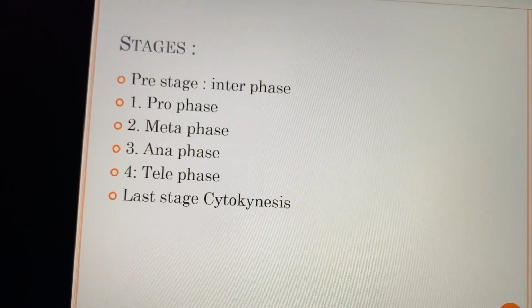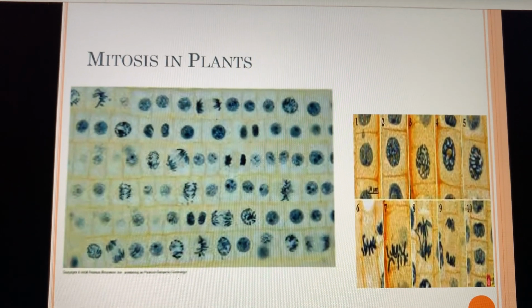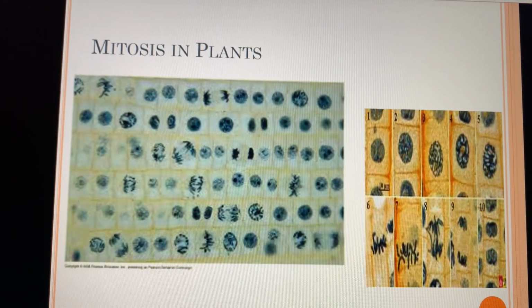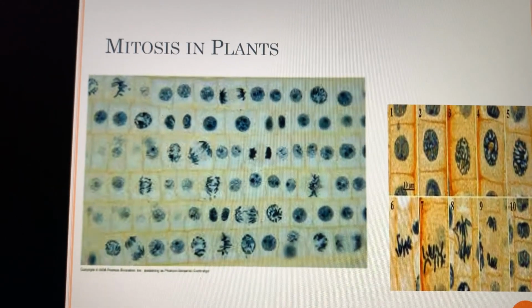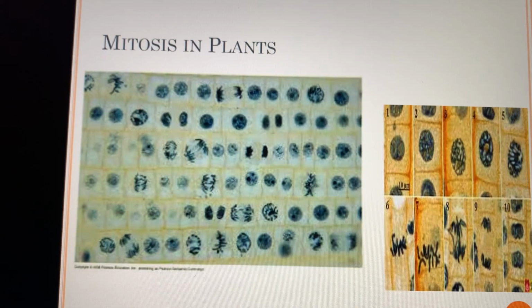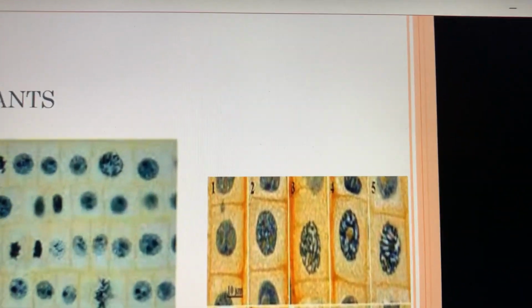So, to begin with, mitosis in plants. Prophase is where the chromosomes are becoming active inside the nucleus, okay? So as you can see over here, this is prophase.